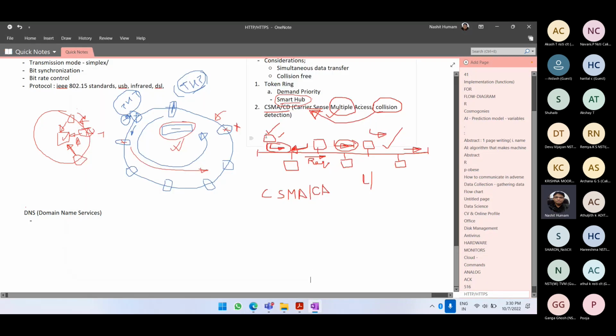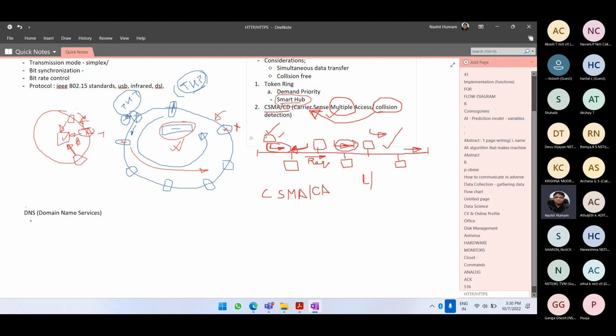So CSMA/CD was where you are detecting any kind of collision. What you do is you sense all the signals that are available, any carrier signal that is available, and just figure out in case anyone is there.